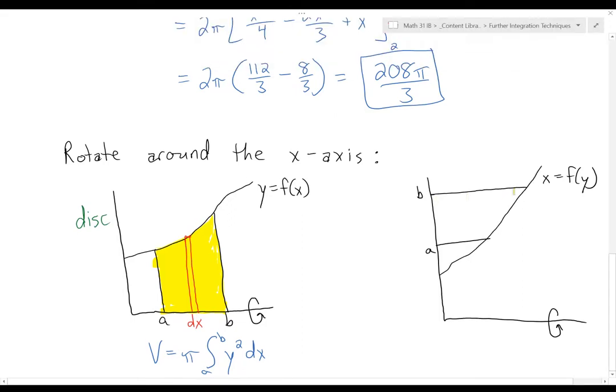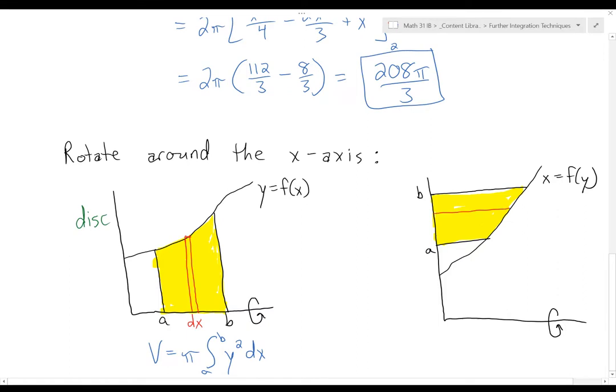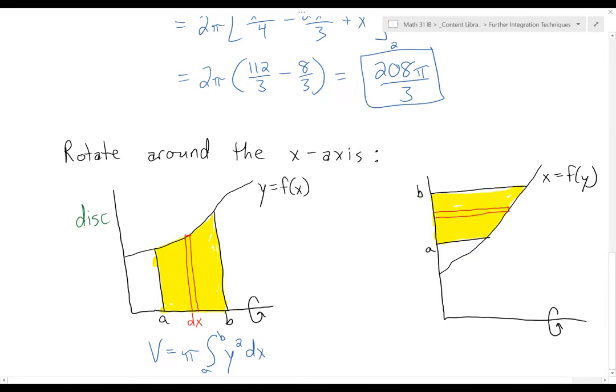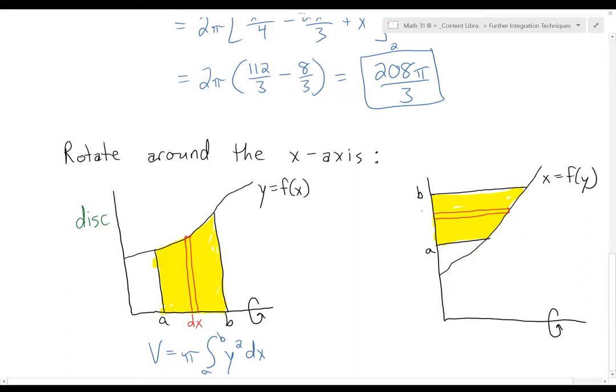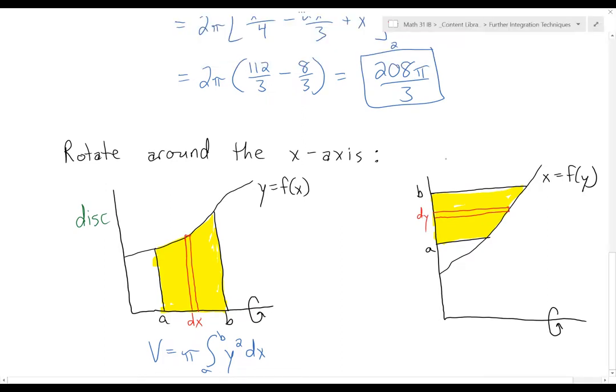So this region right here, remembering that we might have an inside function and an outside function that we have to find volumes and subtract. But if it's more logical to draw my slices parallel to the axis of rotation, in other words, to use a dy, then this would be a case for shells.